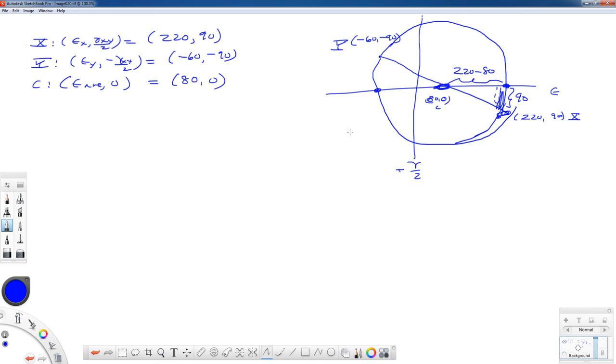Okay, so that's 140. So R squared is equal to 90 squared plus 140 squared, just by using the Pythagorean theorem. And I solve for R, and I got 166.4 microstrain.